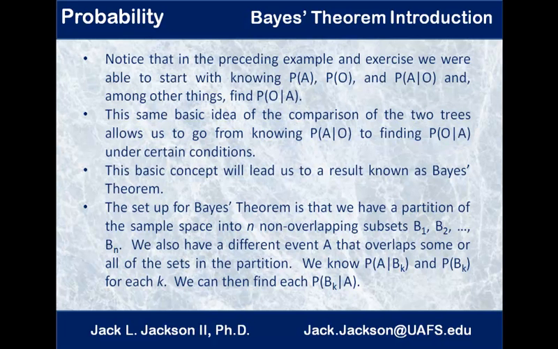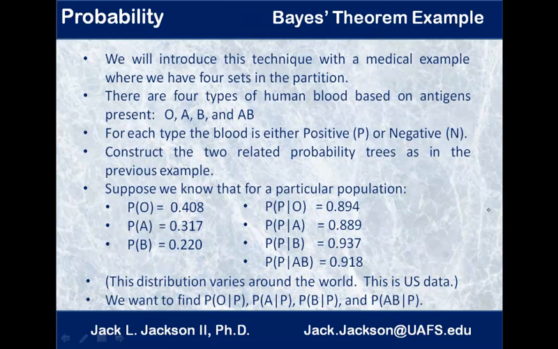Now, that's probably a little confusing, so let's make some sense out of this. We're going to do this with an example from medicine. There are 4 basic types of human blood based on antigens present: O, A, B, and then AB. That forms a partition of all human blood. With O and A, you can't be both.